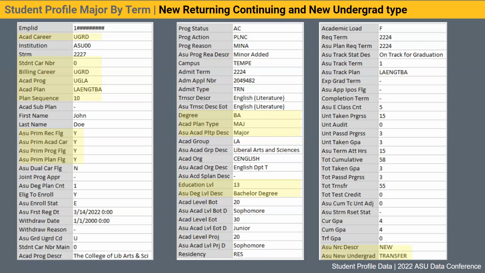So down here you see education level 13 is a bachelor's degree. Master's is, I shouldn't have pretended I'm going to know this. I think JD is a 15, master's is a 17, and law is a 21. So those levels are used to know if it's the same level. And then down at the bottom right is, again, this is a new transfer student.